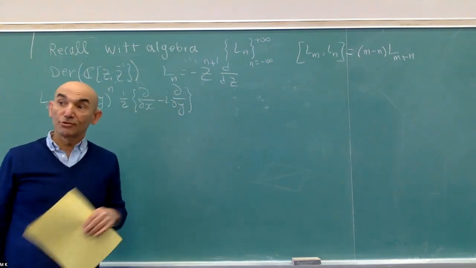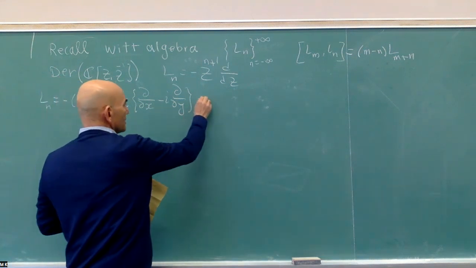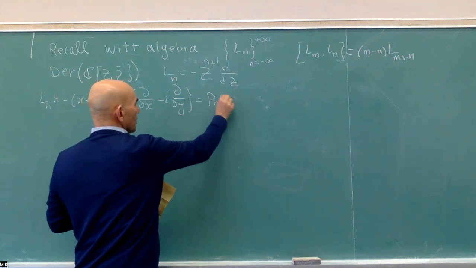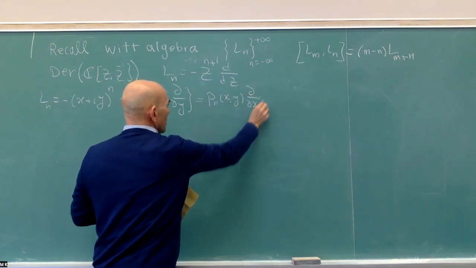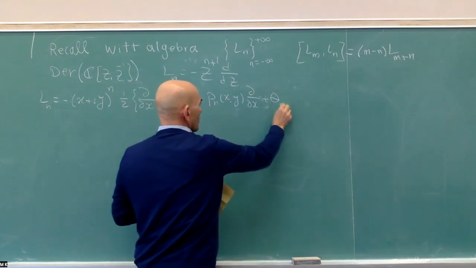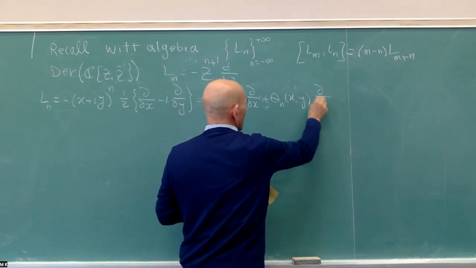So then you get two vector fields, two functions. You can separate this as Pn of x and y d/dx plus Qn of x and y d/dy.